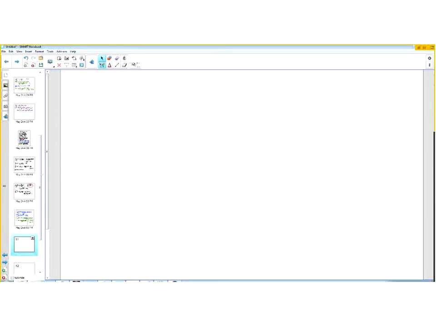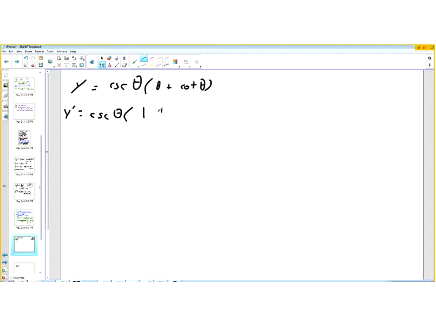How about we calculate the derivative of this function? Y is equal to cosecant theta times theta plus cotangent theta. And so we can use the product rule for differentiation. So y prime is equal to cosecant theta times the derivative of the second term, which is 1 minus, okay, so we know the derivative of the cotangent function, which I asked you to prove.